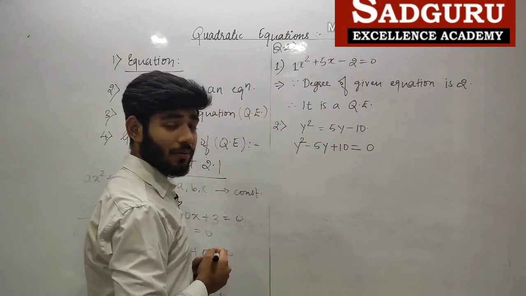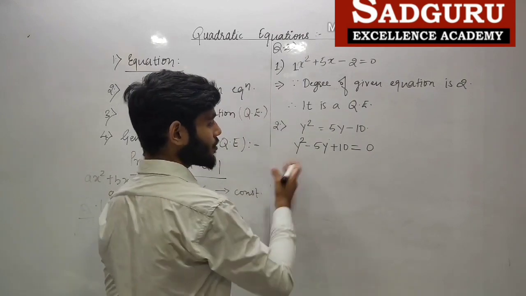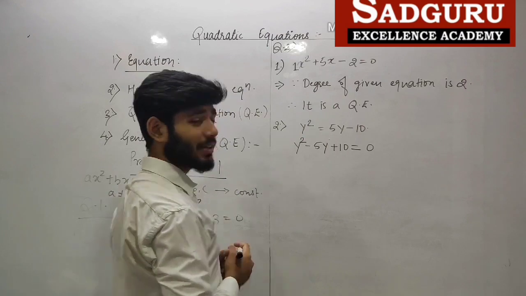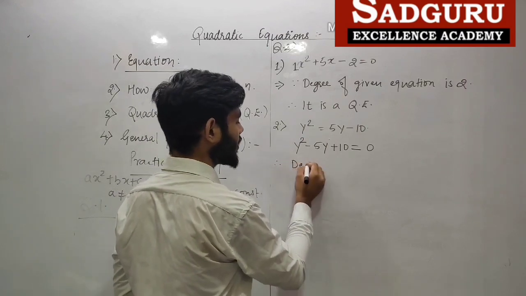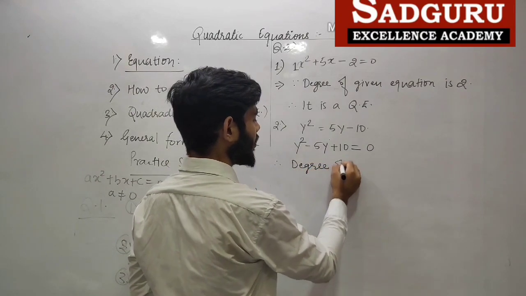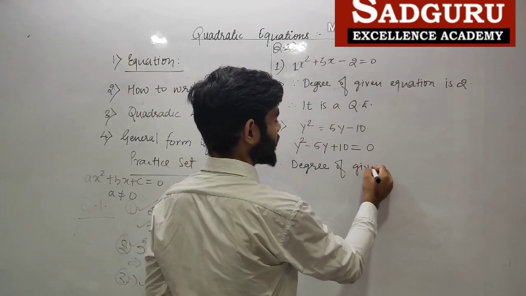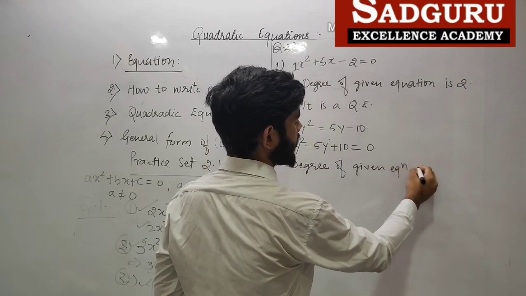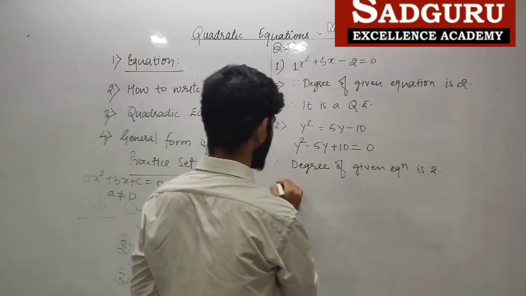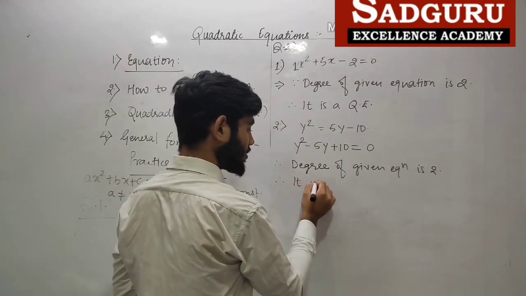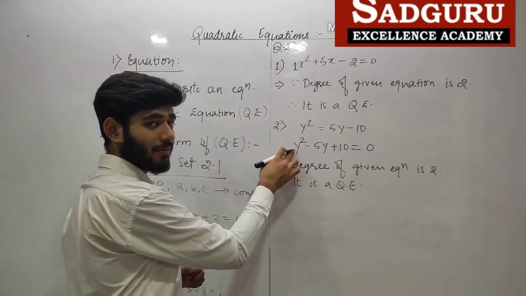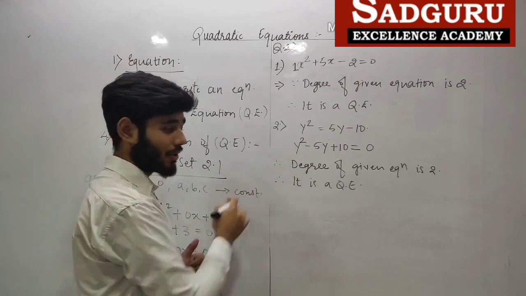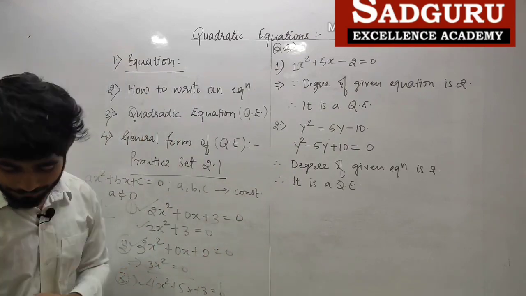This is the general form. What is the degree of the given equation? Yes, the degree is 2, therefore it is a quadratic equation. We can also see that this term has a non-zero coefficient; except 0 it can be anything.